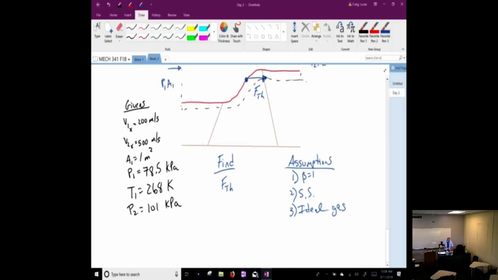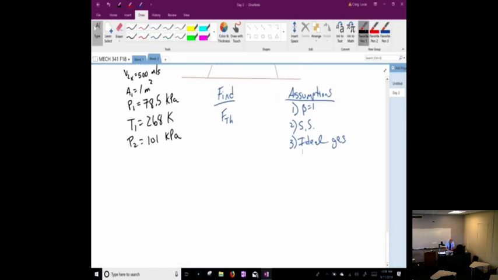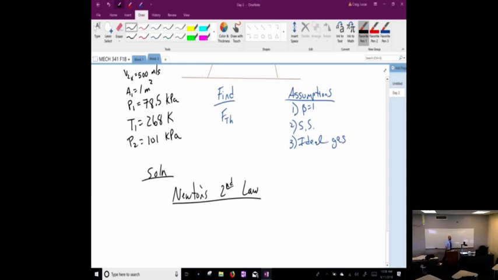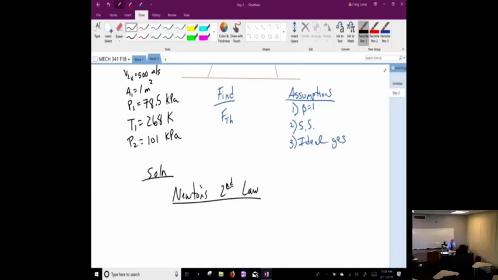Okay, here we go. Solution. It's Newton's second law, but we're going to use the linear momentum equation. So, the forces equal the mass flow rate times the velocities of your outs minus your ins.